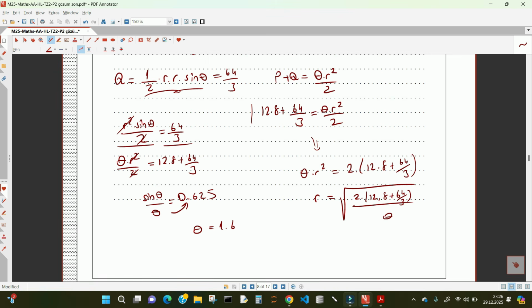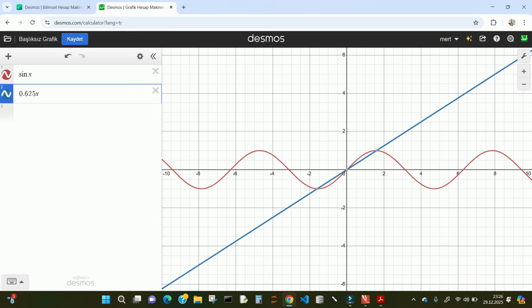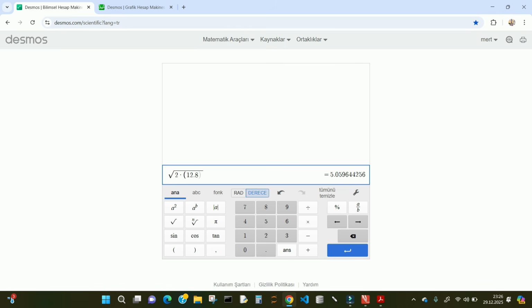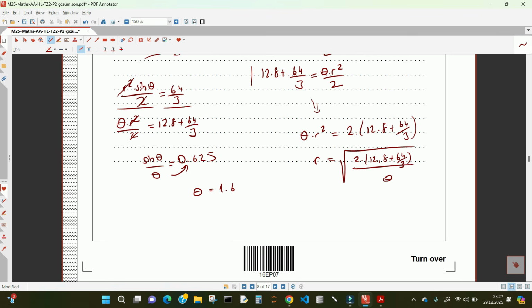So I will use this value to calculate r: the square root of 12.8 plus 64 over 3, divided by theta, the value that we copied. So it is approximately 6.53.